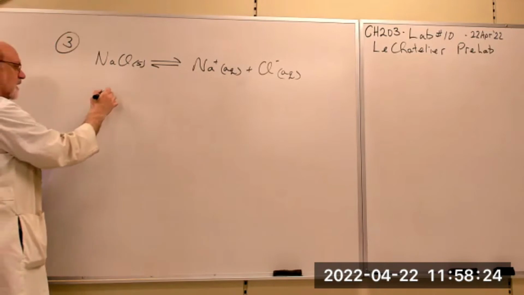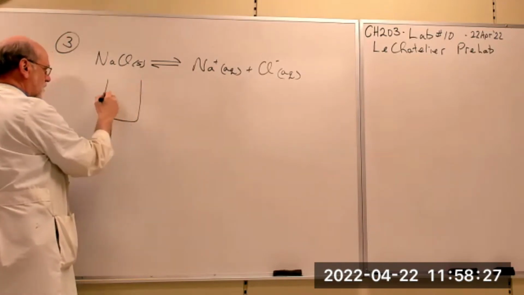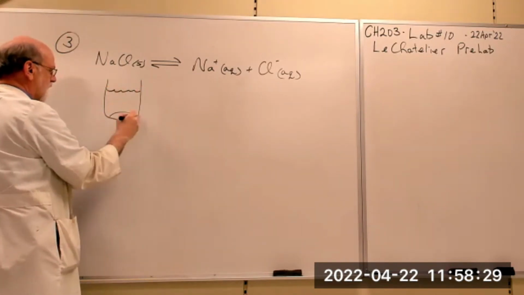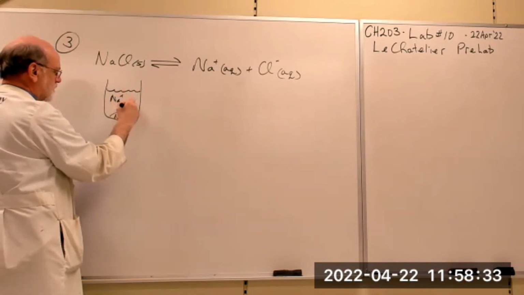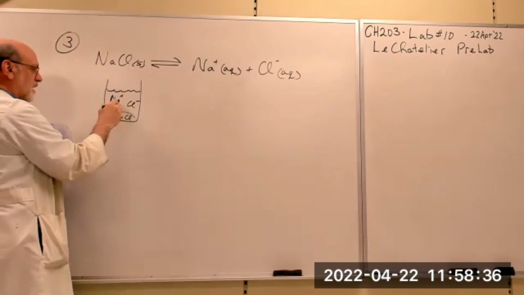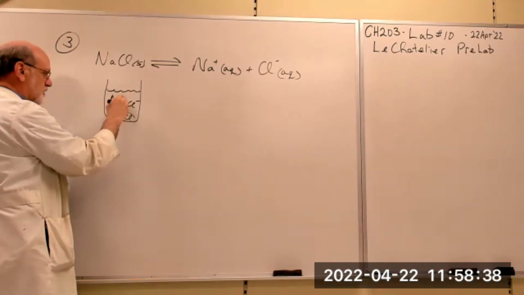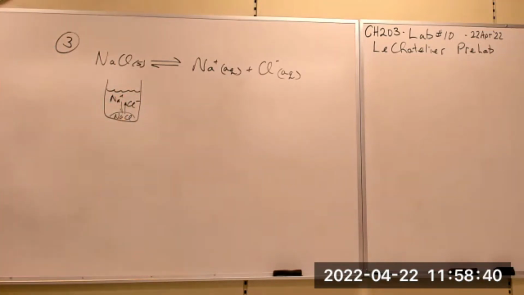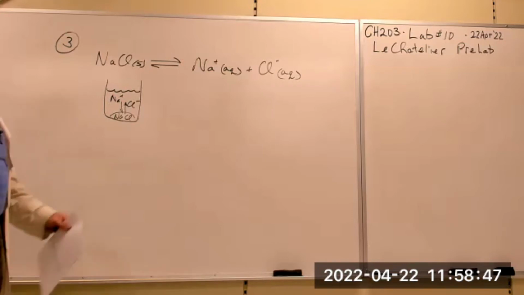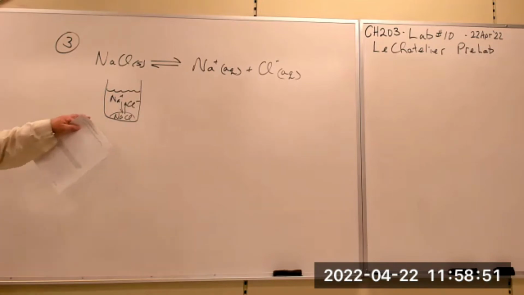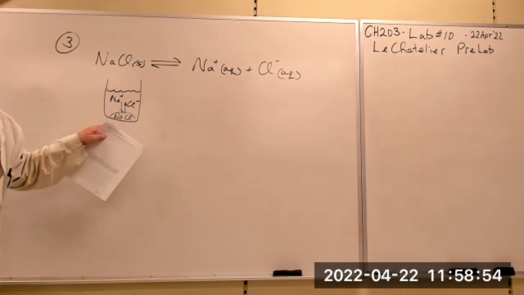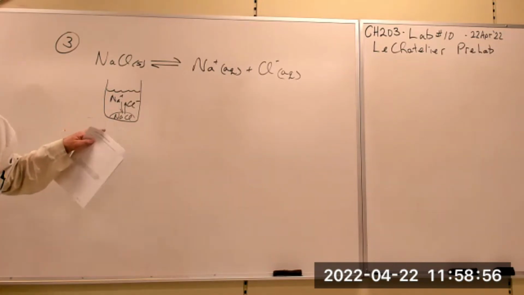So if you have some solid sodium chloride down here, and some sodium ions and some chloride ions up here, they're going backwards and forwards at the same rate. Now, this is not a sparingly soluble salt, it's very soluble. But we have reached equilibrium in our experiment. Right? The solution is saturated.